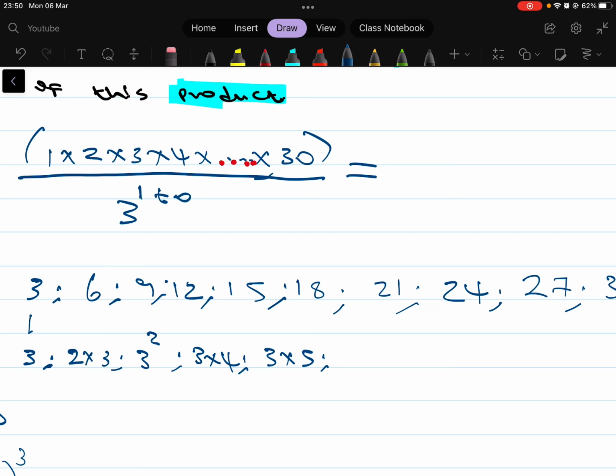And then 18, how can we write 18 in terms of 3? It's 2 times 3 squared, because 3 squared is 9, and 2 times 9 is 18. 21 we can write as 3 times 7. 24 we can write as 2 exponent 3 times 3.